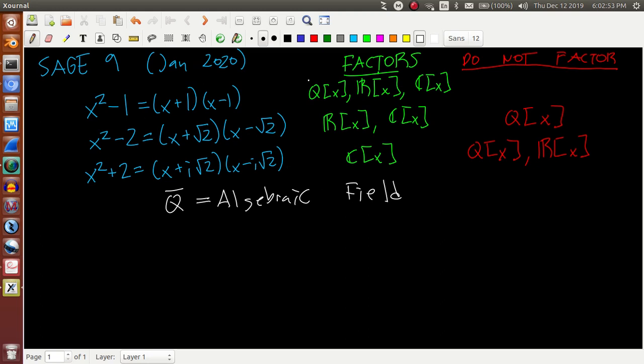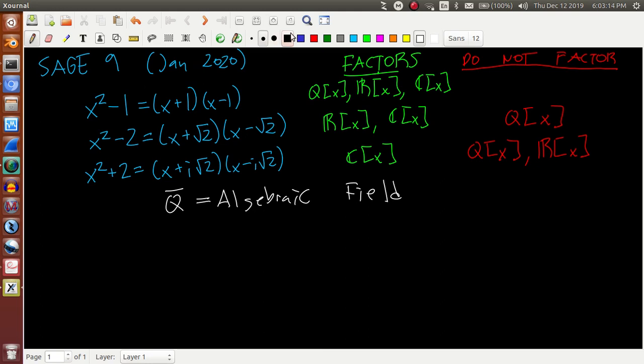We would add Q bar to the list of the rings here where all three of these polynomials factor, and it has the advantage that it's representable in the computer. It can be slow. Doing calculations in Q bar can be slow.